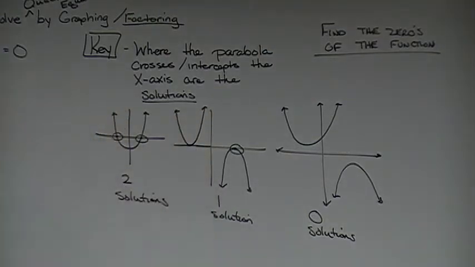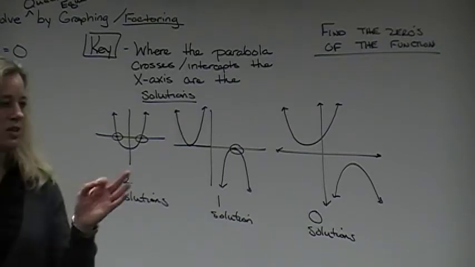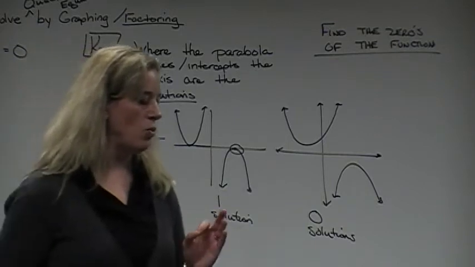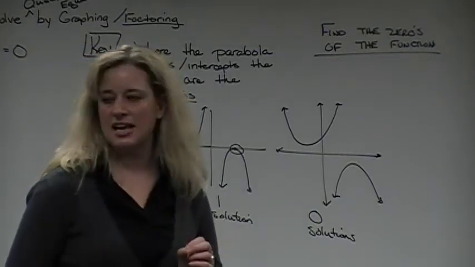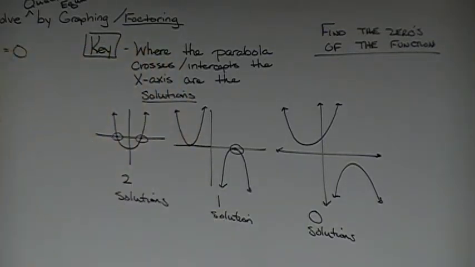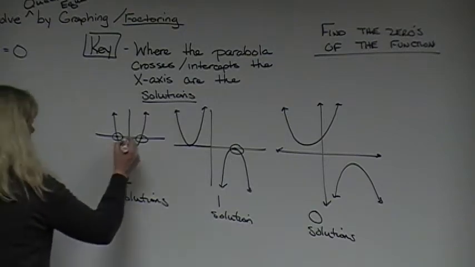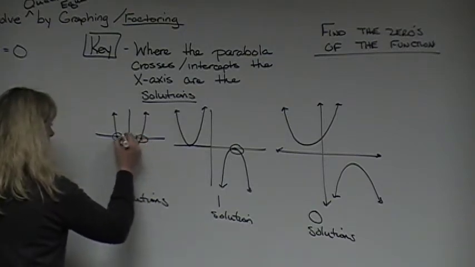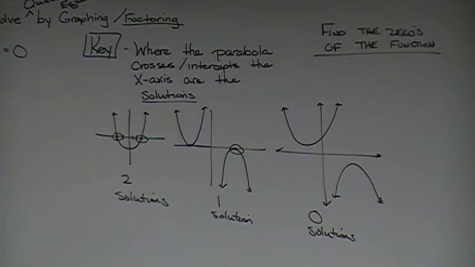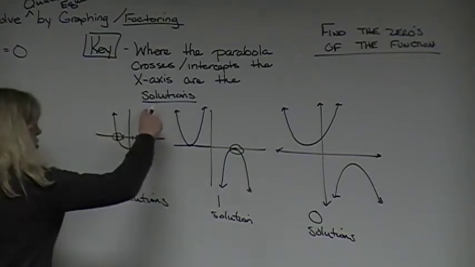Understand that you should be able to look at a parabola and determine the number of solutions by looking at where it intercepts the x-axis. So let's say I had this one. Anyone tell me what those two solutions would be? I know I have two solutions, but where does this parabola cross the x-axis?